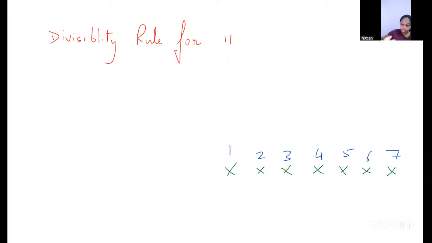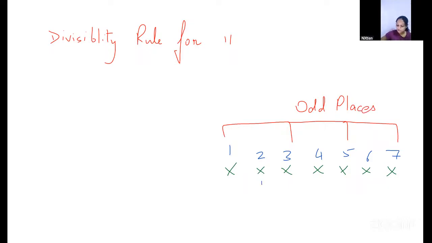Understood? 1, 3, 5, and 7 are odd places, and 2, 4, 6, 8 are even places, same as odd and even numbers.